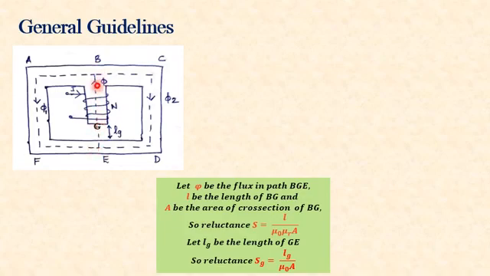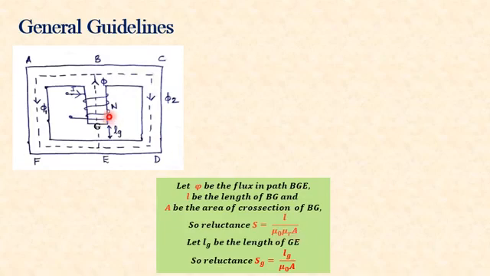Listen here, L is only the length of the core, the length of the flux path BG, and A is the area of cross section of the core. So the reluctance S of the path BG, S is the reluctance of only BG, and that is given as S is equal to L by mu 0 mu r into A.